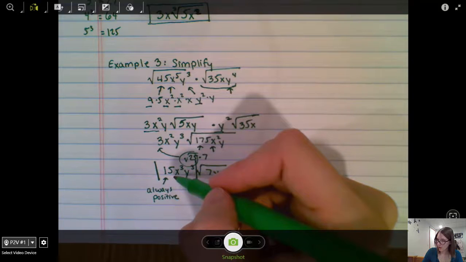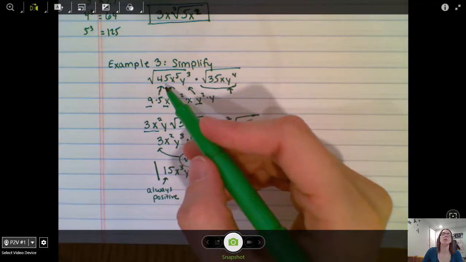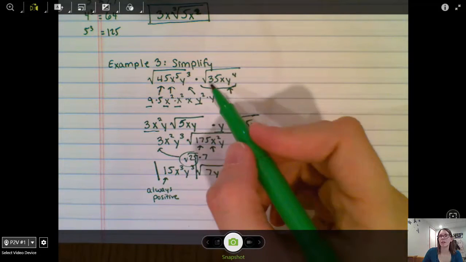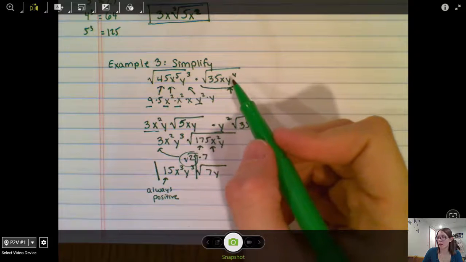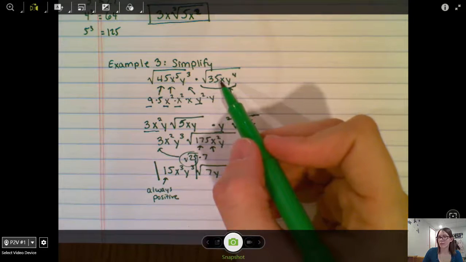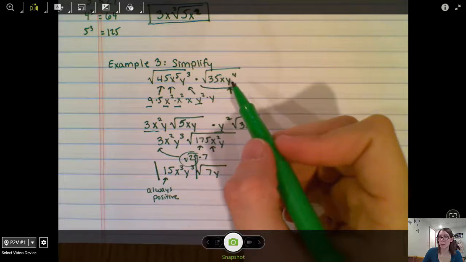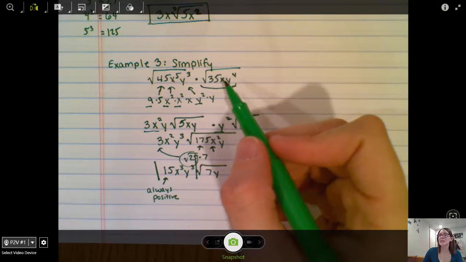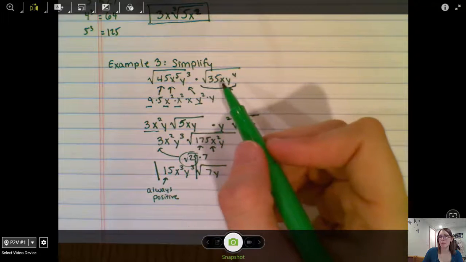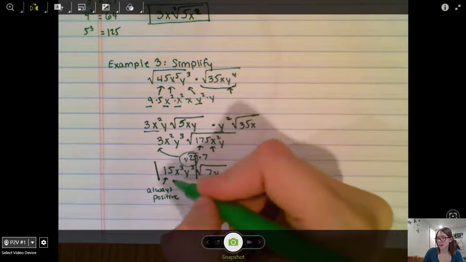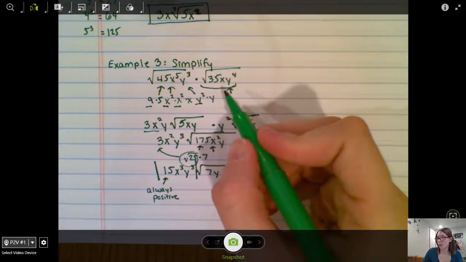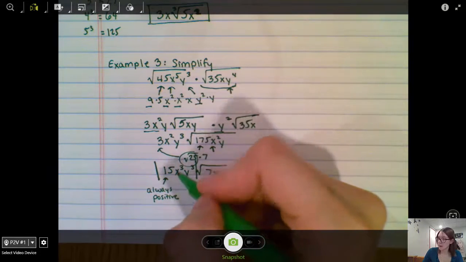But one other thing to look at is back in your original problem, specifically this little part over here, the square root of 35x y to the 4th. If my x value is negative, even if y was negative, because y is to an even power, if x is negative, we'd have the square root of a negative number. And again, remember this chapter, we're sticking with real numbers. So we can't have that. Since x really has to be a positive number, x cubed is going to be a positive number.